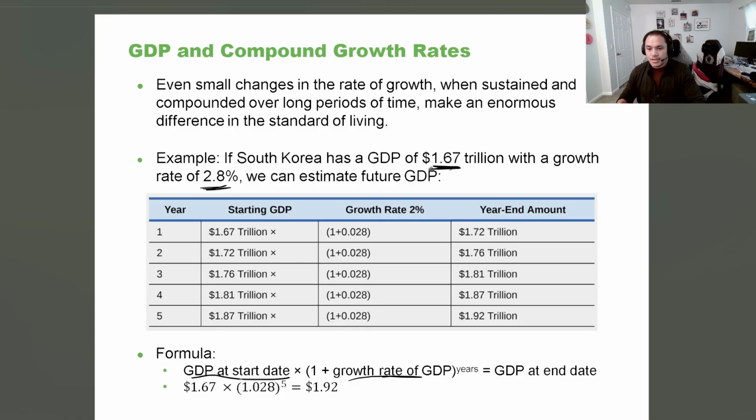The important thing to note when you're applying this compound growth formula is that whenever you have this 2.8%, we need to convert this to decimal form when we're building out our formula here. So, two minor mistakes that I see. One, making sure that we raise it to the power, and two, making that conversion into our decimal form there.